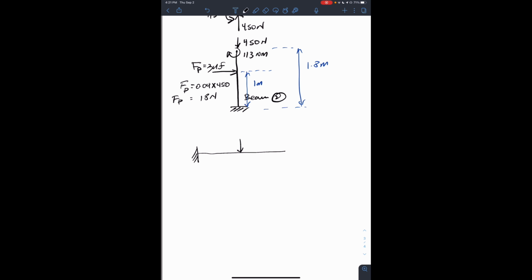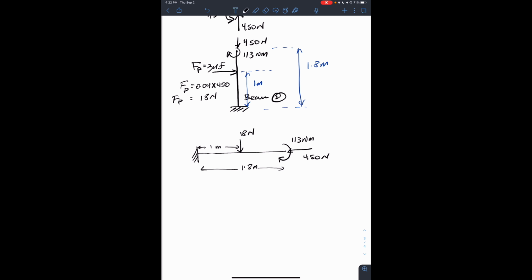And now we have 18 newtons. We have a force in the axial direction of 450 newtons. And we have a moment applied to the end of 113 Newton meter. And our length 1.8, and then this is 1 meter. So that is our beam.